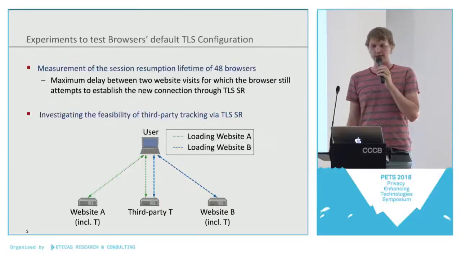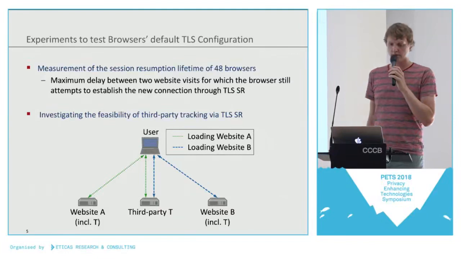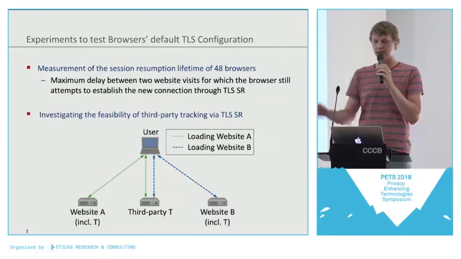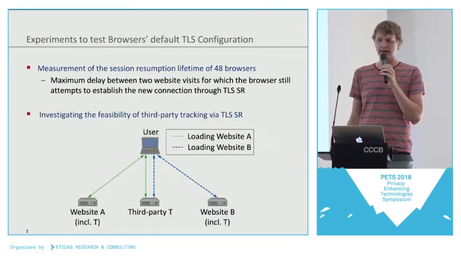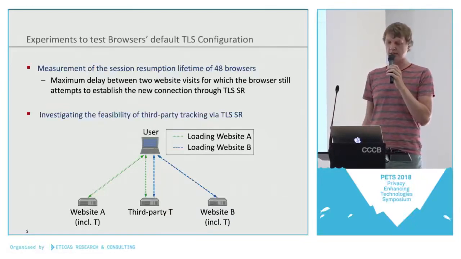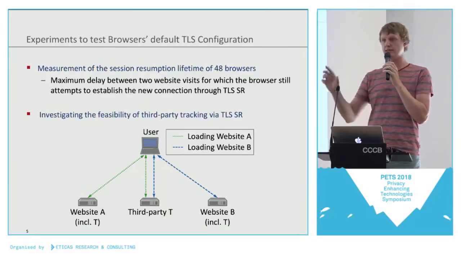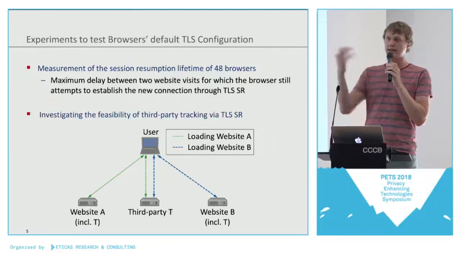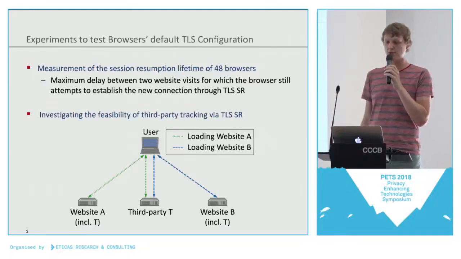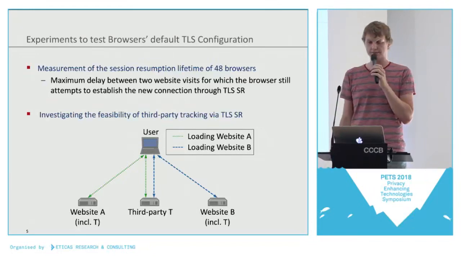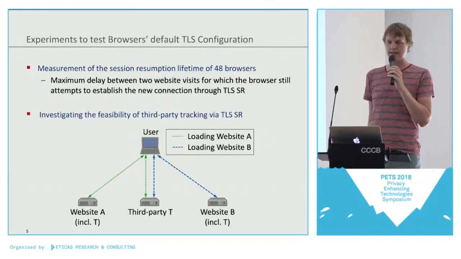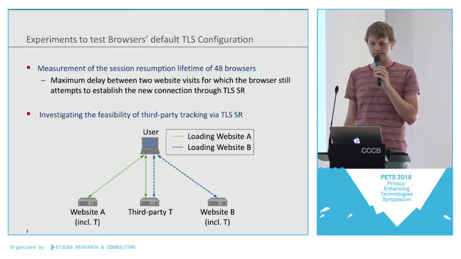In my experiments to test the browser default configuration, as I already explained, I investigated 48 browsers and their session resumption lifetime, which is the maximum delay between two visits of a website where the browser still tries to establish the new connection over a session resumption mechanism. Furthermore, I investigated the feasibility of third-party tracking, as you can see in that figure.